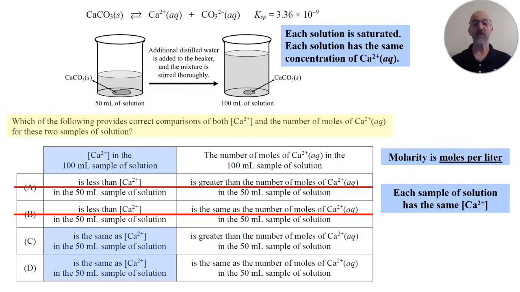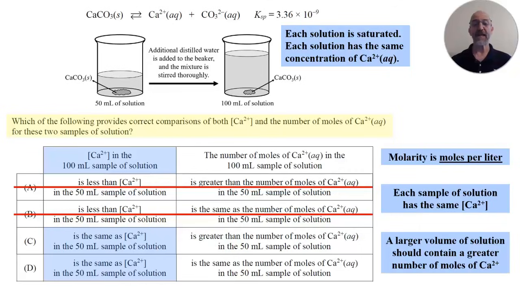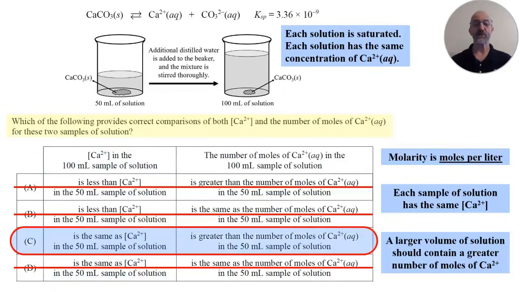So the 100 milliliter sample, because it contains a larger volume of solution at the same concentration, should contain a greater number of moles of calcium ions. So that makes the correct answer to question 6 choice C. Same concentration of calcium as the 50 milliliter sample, but a greater number of moles of calcium ions as compared to the 50 milliliter sample.